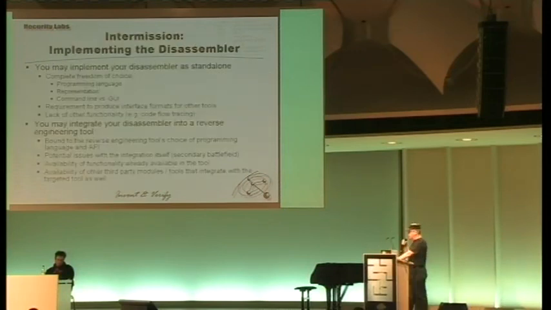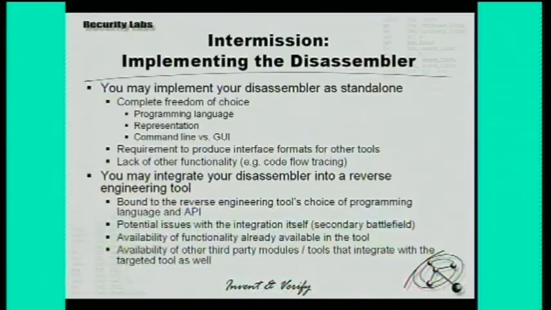And then you actually have to implement what you found out, right? You may implement your disassembler standalone, which is good, gives you complete freedom: programming language, everything. You are required to deal with everything yourself, of course, and you're lacking functionality that other tools might already provide. Or you integrate into your reverse engineering tool.